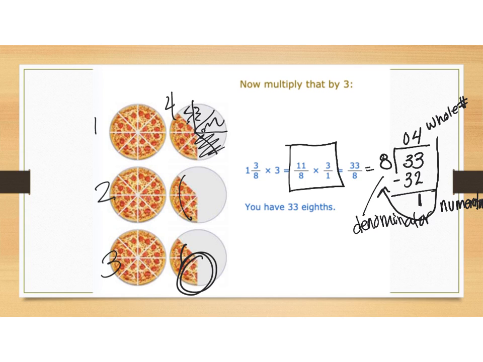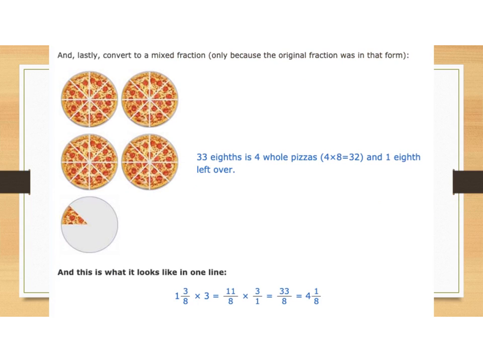So 33/8 is the same as 4 1/8. Look at the pizzas. You have 4 full pizzas and 1/8, 1 slice left over. Here it shows you. It moves all the pizzas to 4 full pizzas with 1 left over. That concludes our lesson.